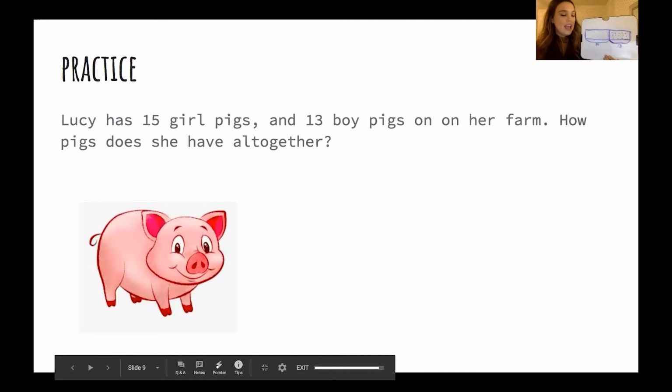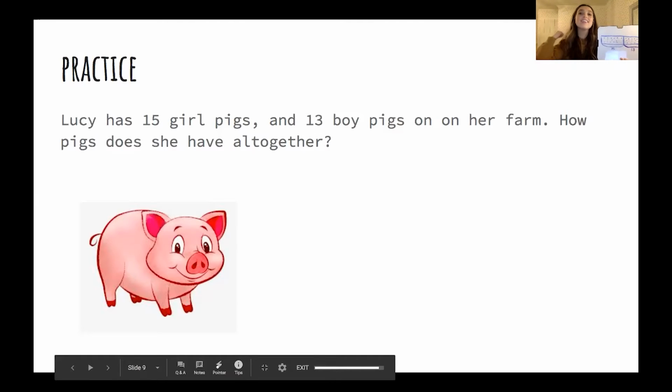Now, let's draw in our 15 dots on this one to represent our 15 pigs. 1, 2, 3, 4, 5, 6, 7, 8, 9, 10, 11, 12, 13, 14, and 15. So on this side, you see that these 15 represent the 15 girl pigs, and this side represents the 13 boy pigs.